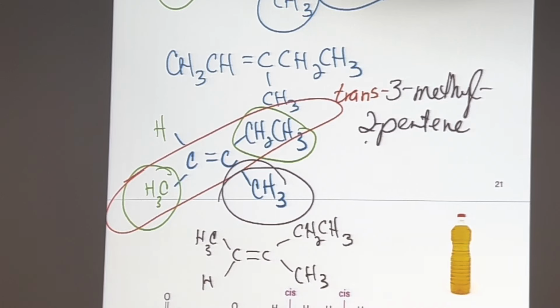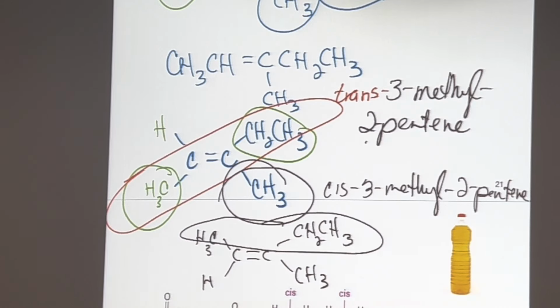And then that would give me cis 3-methyl 2-pentene, because your big groups are on the same side.